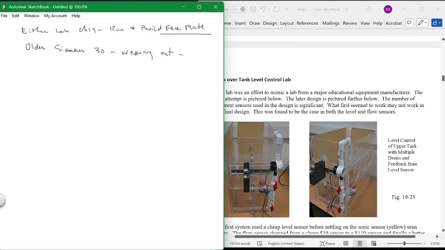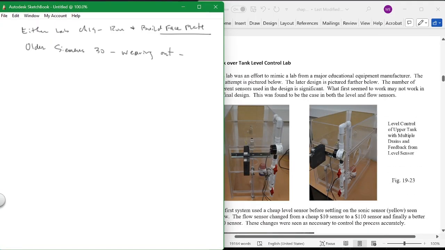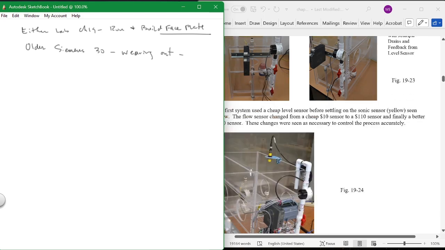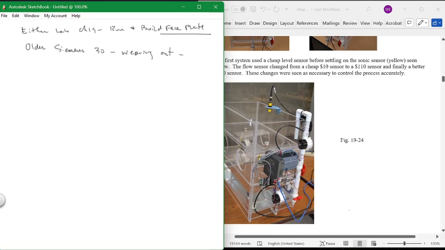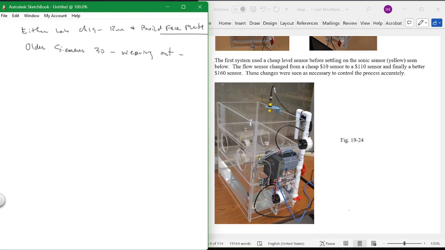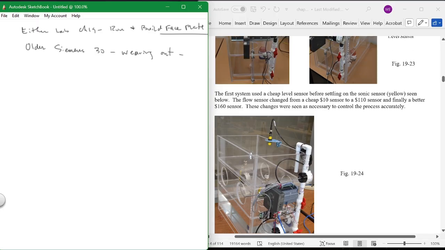Okay. Now the other lab is this one. And these pictures are slightly dated, but this is a tank over another tank. Now here is your feedback device for your level control. So this is a level control in the upper tank, and what you're trying to do is keep the level constant.